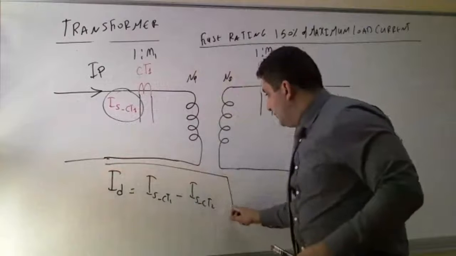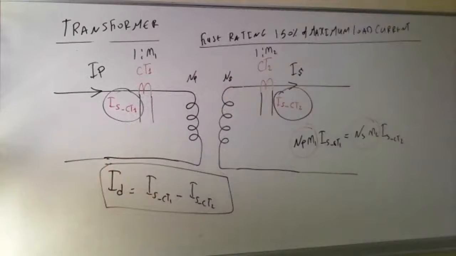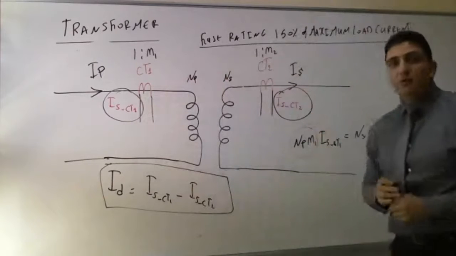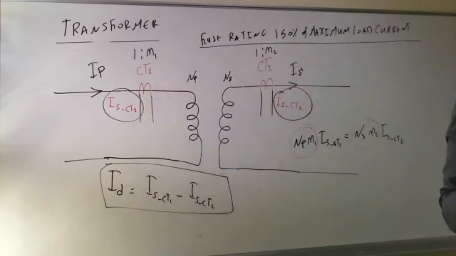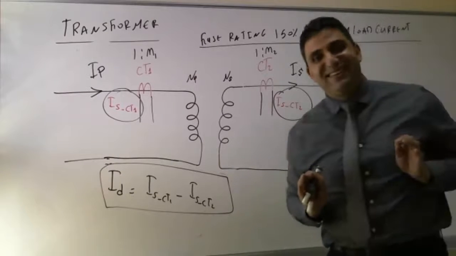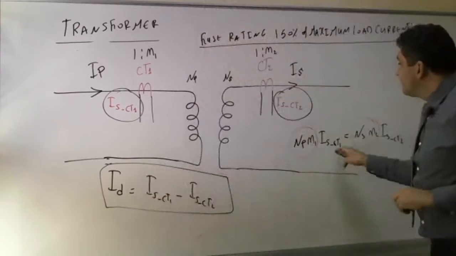This is what the relay will do: differentiation between the secondary current of CT1 and the secondary current of CT2, and will make sure that the system is in order. And as I showed you before, with primary N1 and secondary N2, this matching will work perfectly.